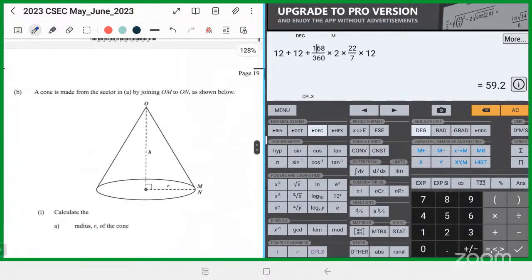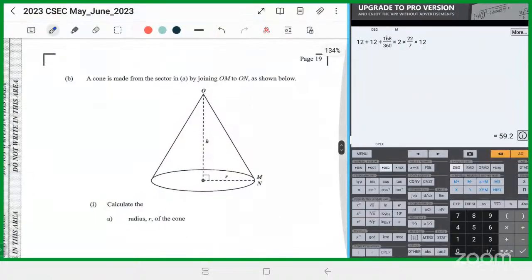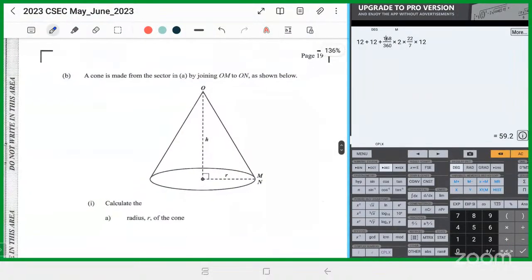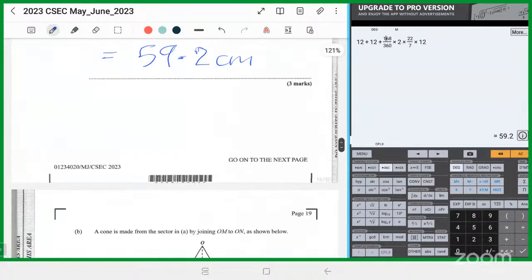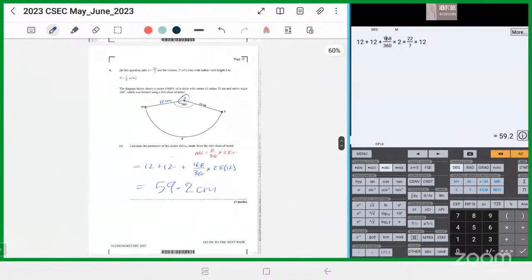The question says, a cone is made from the sector. The sector is the net of a cone, by joining OM to ON, as shown below. So what they do is take this as the vertex, and this vertex becomes this up here.